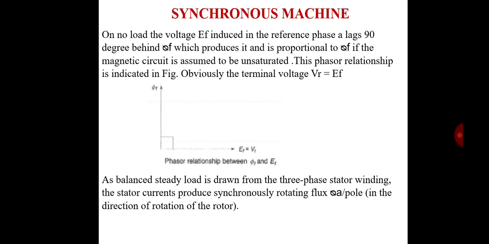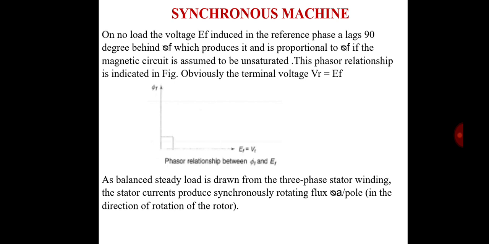According to Faraday's law, whenever flux is cut, EMF is induced. So here the EMF is EF, in reference phase A, lagging 90 degrees behind φF, which produces it. That means EF is proportional to φF.